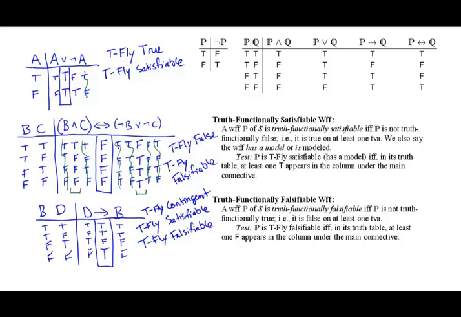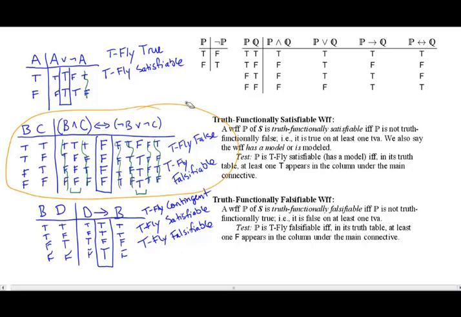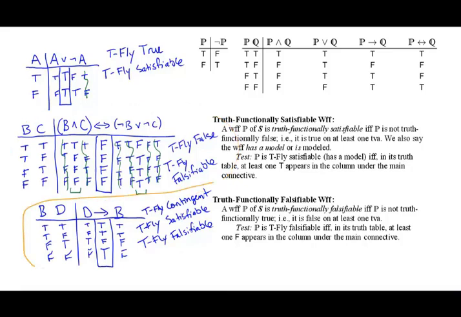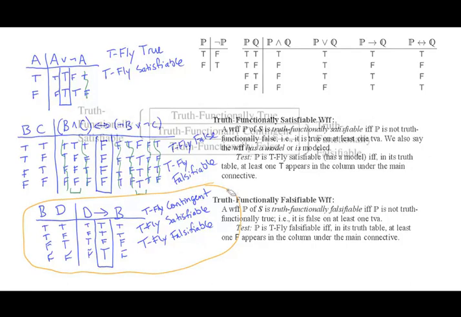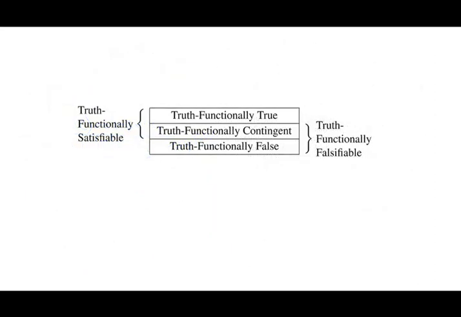In fact, any individual truth functional formula will fall into one of these three groupings: truth functionally true and satisfiable, truth functionally false and falsifiable, or truth functionally contingent and therefore truth functionally satisfiable and truth functionally falsifiable. Here's a little diagram to remind you of the interrelationship between these categories. The three down the center are mutually exclusive. So remember, truth functionally true means all T's under the main connective.